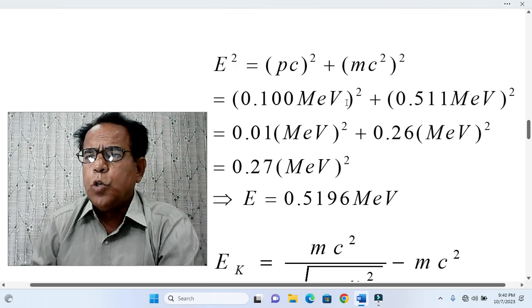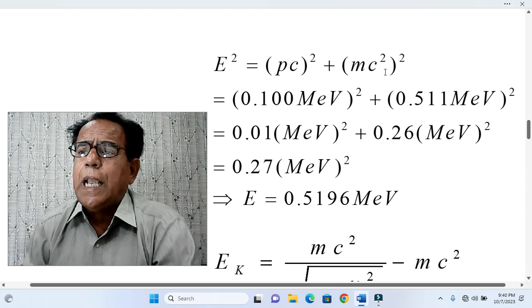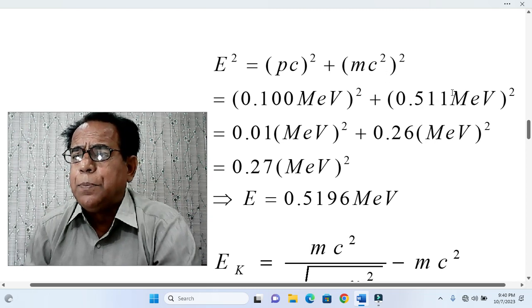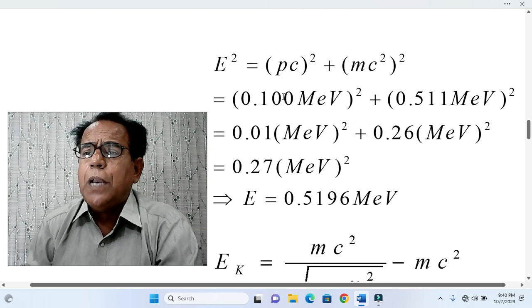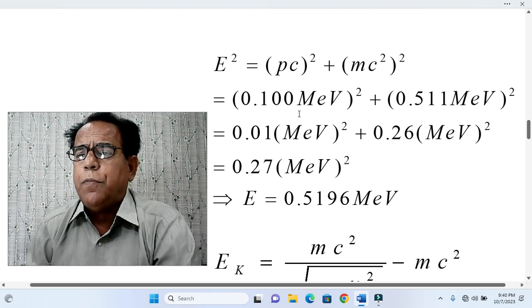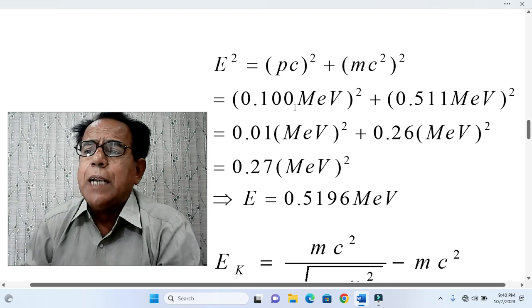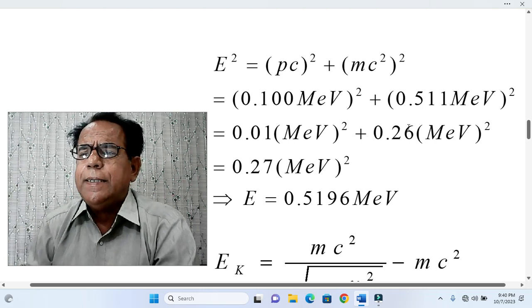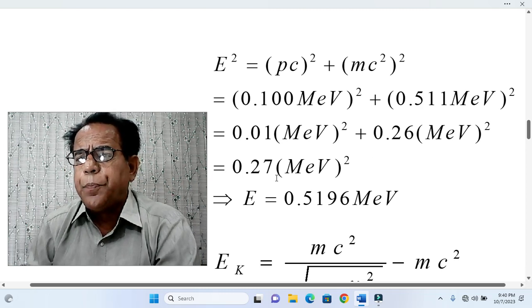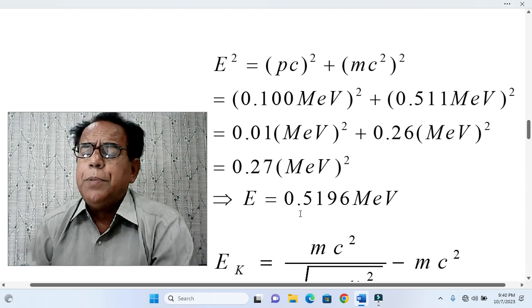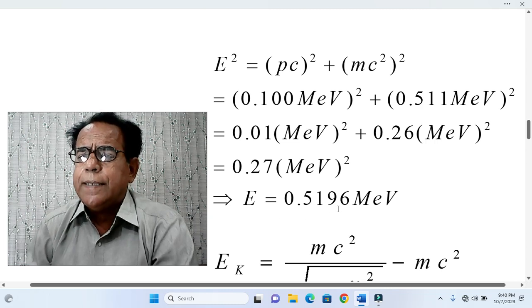Okay, so total energy is equal to PC square plus MC square. The value of MC square is given in the statement, while this value we have found in the later part of this problem. However, here we have used that value. So its square plus its square becomes equal to this plus this. It becomes equal to this 0.27 million electron volt whole square, and when we take the square root on both sides, then E, the total energy, becomes equal to 0.5196.